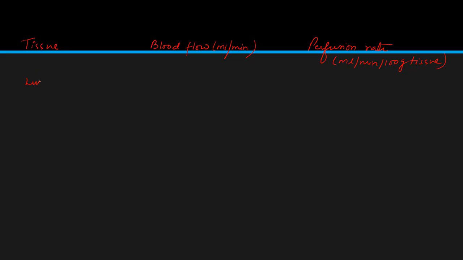So lungs, the blood flow is 5400 ml per minute, perfusion rate is 400 ml per minute per 100 gram. Kidney, 1230, the perfusion rate is 350.